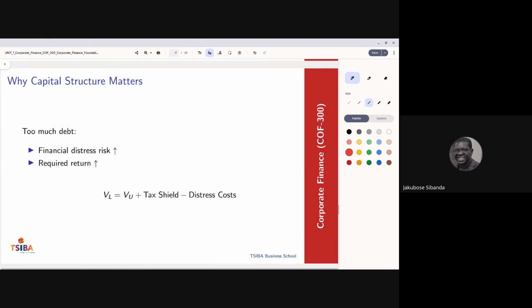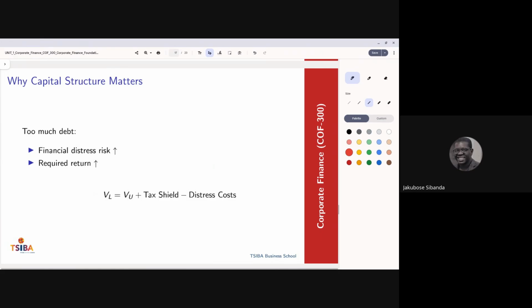Why does capital structure matter? Capital structure matters because we've seen that it does have an impact on the value of a company. Too much debt will raise the risk of a company. And we know that if the risk of a company is raised, it's going to compromise the value of the company, because more investors can see that this company is risky. So they'll perceive it in another way.